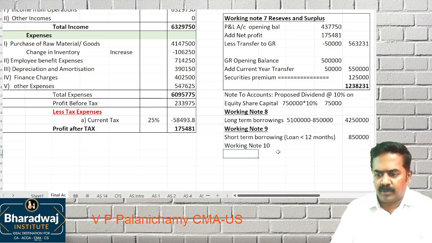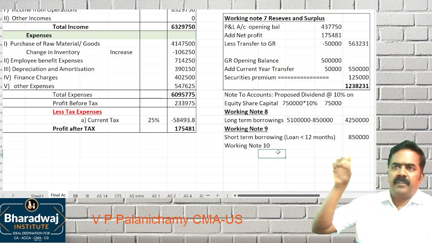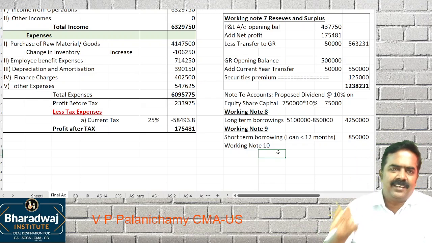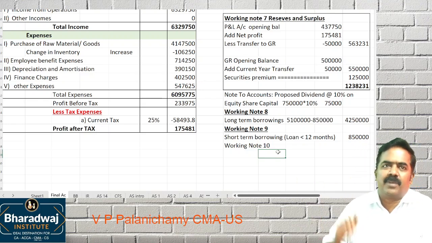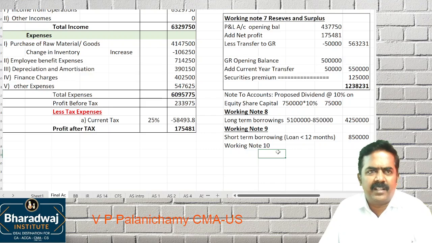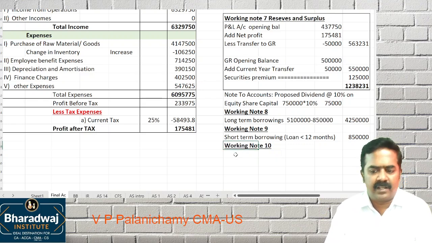Share capital we have done, reserves and surplus over. Application money pending allotment will not be there in any balance sheet. Next, in non-current liability, long-term borrowing, we have done the working note. No other thing under non-current liability. In current liability, we have done short-term borrowing and current maturities. Trade payables are directly given, we can take it.